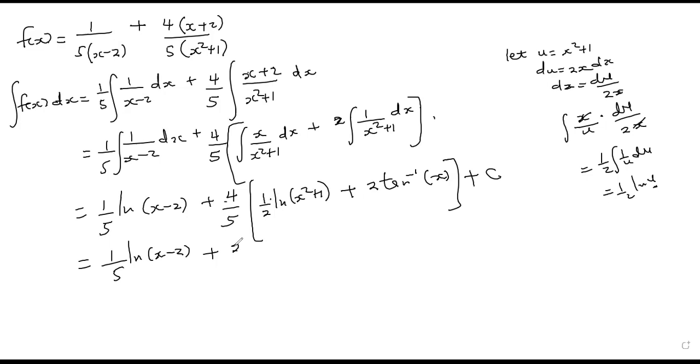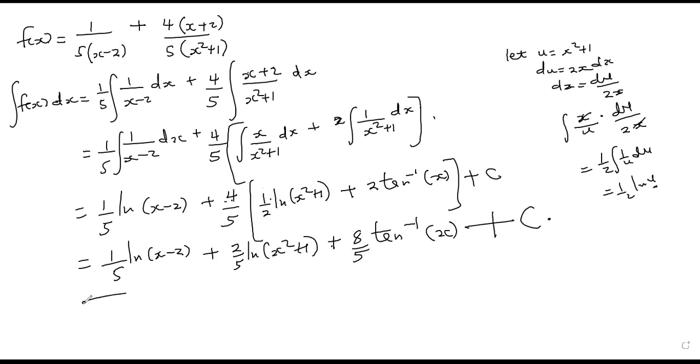So plus 2 over 5 ln x squared plus 1, then plus 8 over 5 tan inverse of x plus the constant of integration.